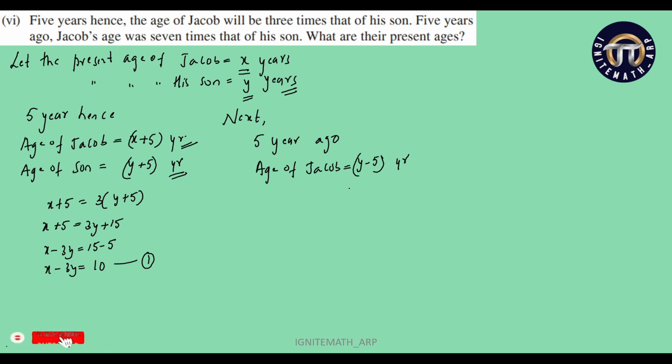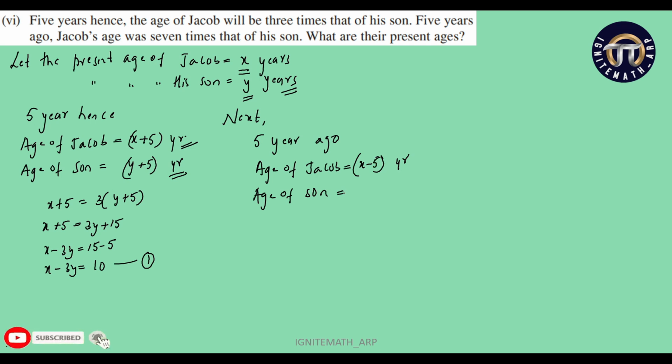Okay, 5 years ago, in the sense 5 years has to be subtracted from the present age. Clear, children? So again, the age of son. What is the age of son right now? Jacob is x we have taken, right? So it is x minus 5 because we have taken Jacob's age as x. Clear, children?